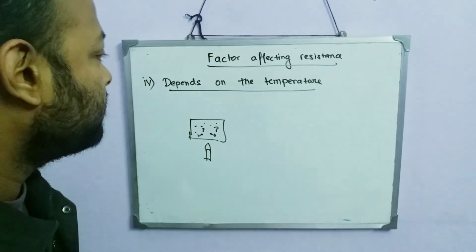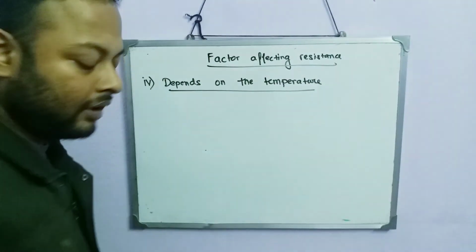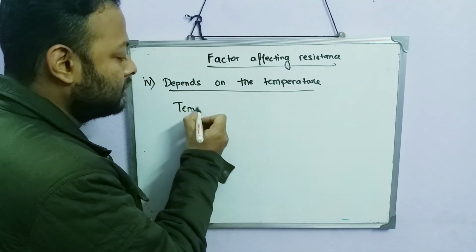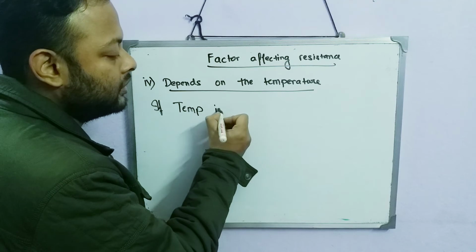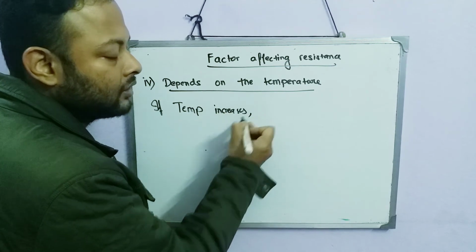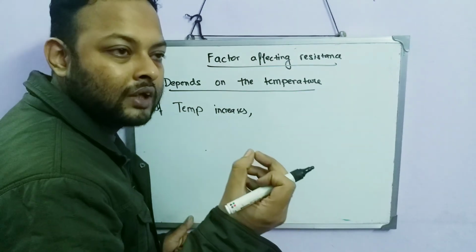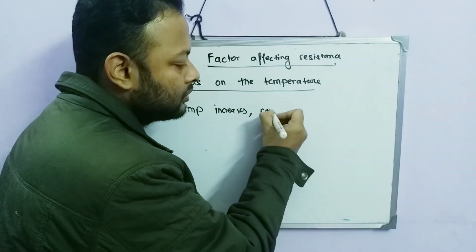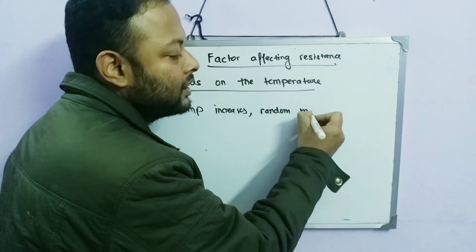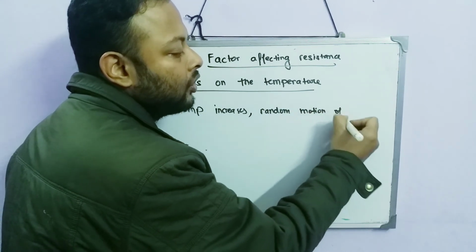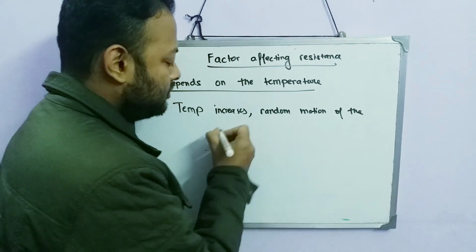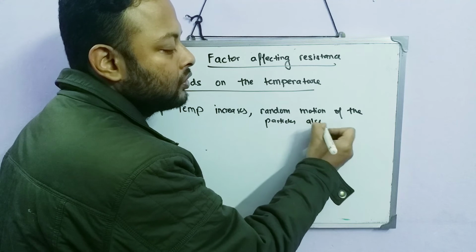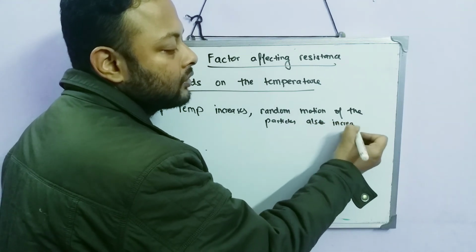So, what happens? If temperature increases, then the random motion of the particles, molecules or electrons, also increases.